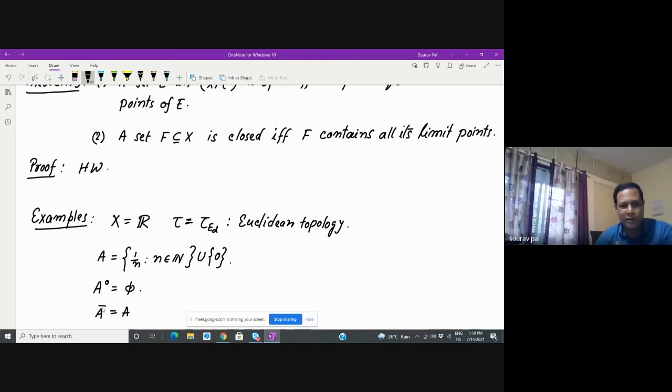The minimal closed set that contains A. That's what we have learned, right? What is the closure of a set? That is the minimal closed set, the intersection of all closed sets containing A. And here it is A itself.